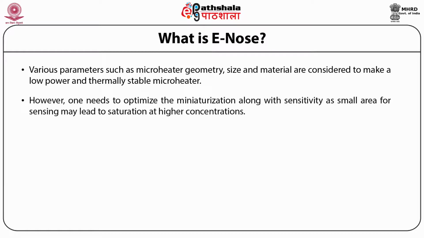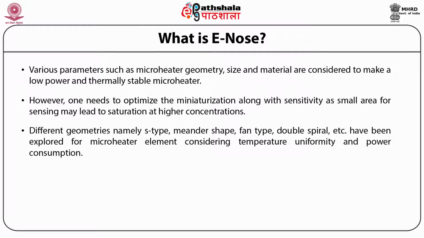Students, however, one needs to optimize the miniaturization along with sensitivity, as a small area for sensing may lead to saturation at higher concentrations. Different geometries, namely S-type, meandered shape, fan type, double spiral, etc., have been explored for the microheater element considering temperature uniformity and power consumption.